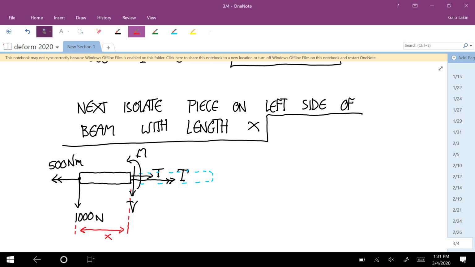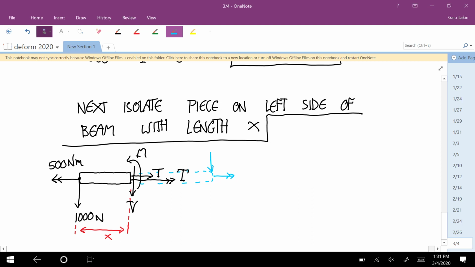And notice that the idea here is, I drew it as a single piece, but this represents everything from a tiny little piece at this end to almost the whole thing, almost all the way to the end. It doesn't work for the whole beam, because if you go all the way to the end, you have this force here and this couple.